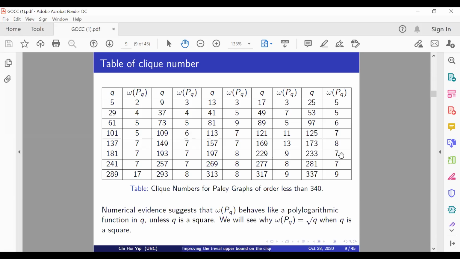So roughly speaking, the clique number goes down because the distribution of the quadratic residues behaves very differently for these two prime numbers.